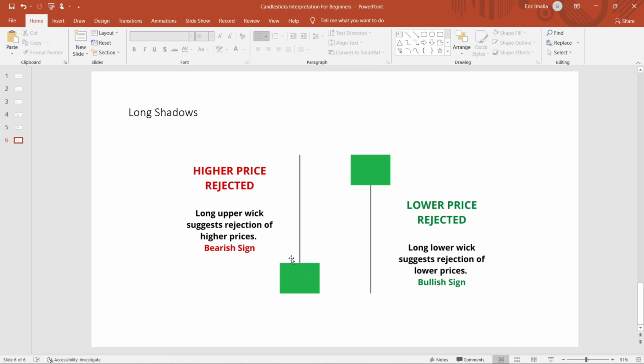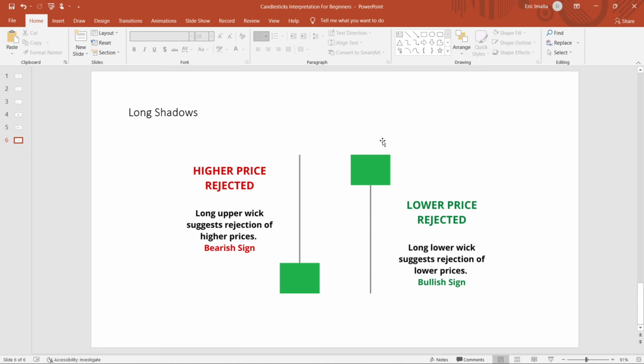Then maybe you can wait for further confirmation by using other tools of analysis before you determine whether the sellers have taken total control, because it's possible that they are weak for just this time period, but if you check the next candlesticks, they might come back and gain even more strength.